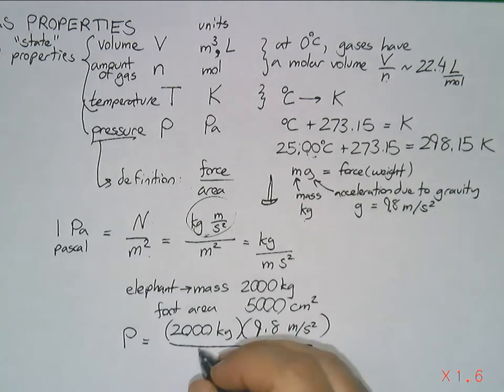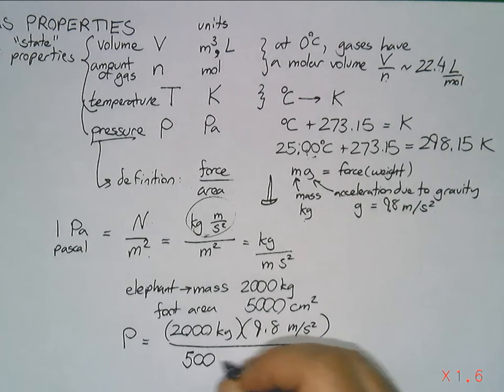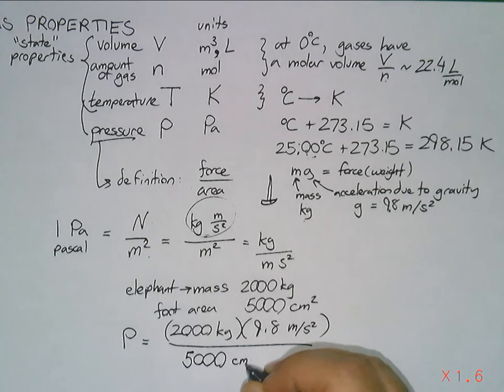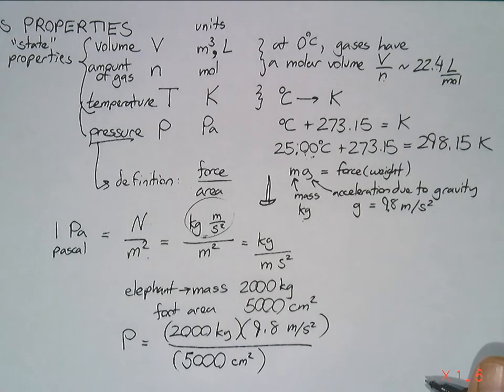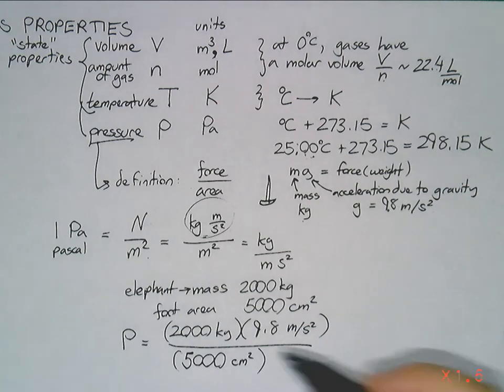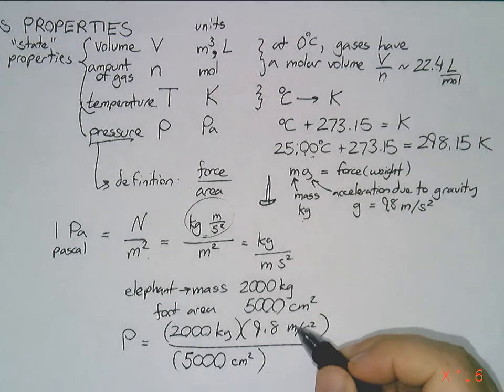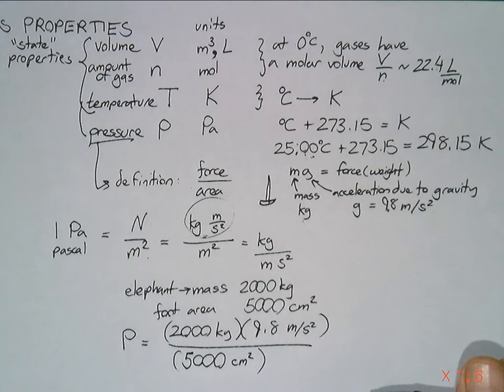Now, I've got an area of 5,000 square centimeters. This calculation as it is, if I plug into my calculator 2,000 times 9.8 divided by 5,000, I'm not going to get an answer that makes a lot of sense because I have got meters here and I've got square centimeters down here. I need to have my length units consistent through this whole thing.